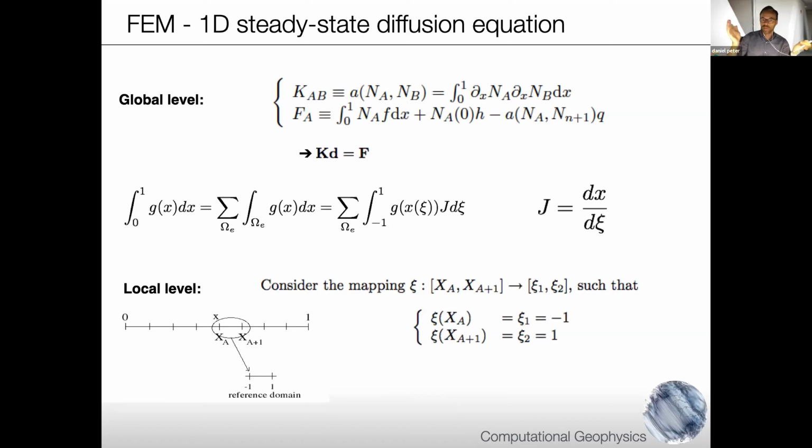Or we could say it goes from 0 to L, for example, of a function G. Once we have that discretized into a set of finite elements, then we can take the sum over all these contributions from each element. And then each element is going to be mapped into our reference element. So that's how then the integral would look like using the Jacobian expression.